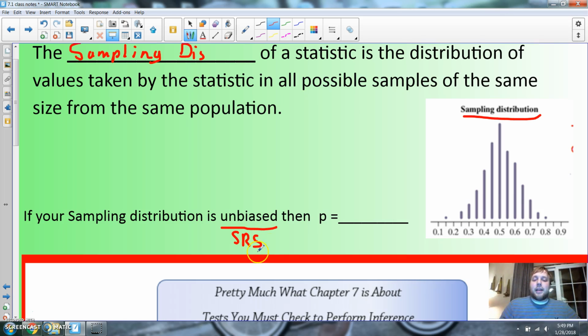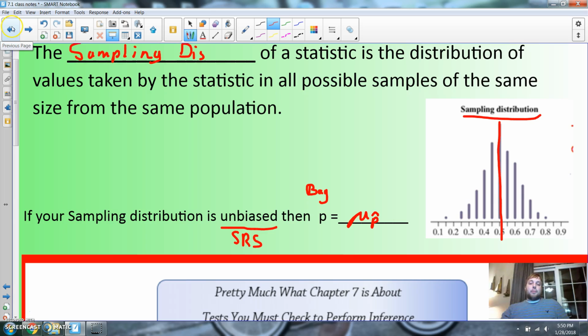But if you get unbiased, then our actual P, the actual P for whatever we're trying to find, so in our situation, how many red are in the bag, our actual P is the mean of all the little p's. Does that make sense? If we took all of our little samples together, the center of that sampling distribution is exactly where the true amount is.